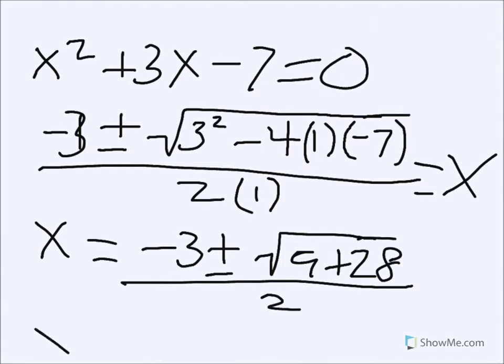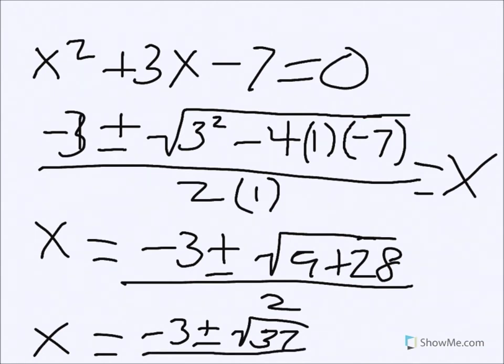And then that comes to x equals negative 3 plus or minus the square root of 37 over 2. And that is the lesson.